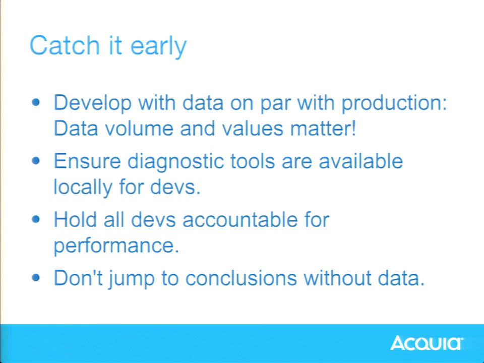So if you're building a site that, when you go into production, you're going to migrate in 100,000 nodes and 1 million comments, you should be developing and testing against a site that has 100,000 nodes and 1 million comments. Your performance data isn't going to matter if you're testing against 100 nodes and 100 comments, because your site profile is different if you're not accounting for the differences in content.